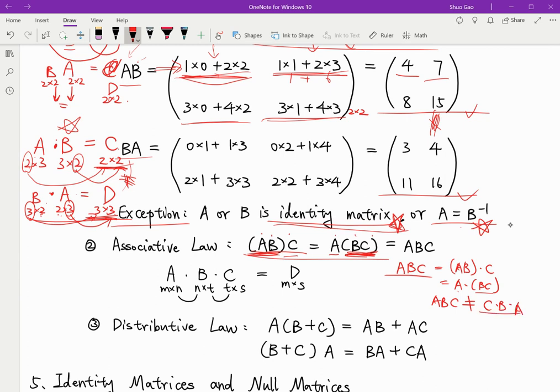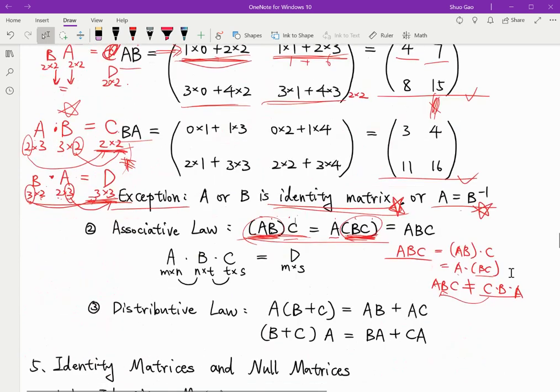You cannot change the order here. It doesn't matter if you calculate A times B or B times C first, but you cannot change the order A, B, C. If you change the order, it's not the associative law, because matrix multiplication is not commutative, so you cannot change the order.